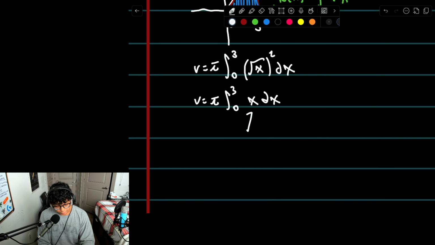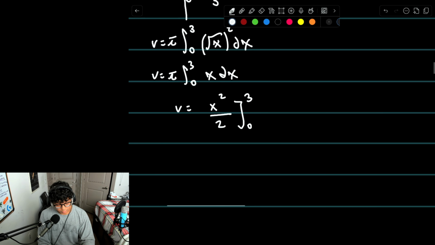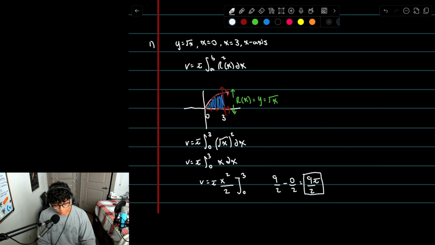We know the antiderivative of x is x squared over 2. So our volume will equal pi times x squared over 2 from 0 to 3. And now all we do is plug in our bounds, and this will make it 9 over 2. Oh, and don't forget the pi, minus 0 over 2, which equals 9 over 2 pi, or 9 pi over 2. So that's our entire number 1.